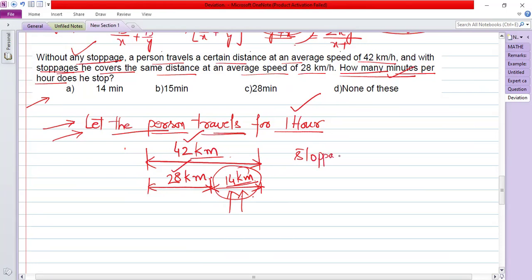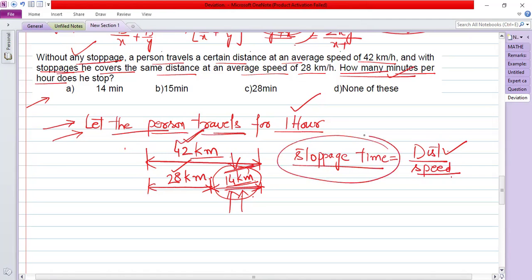So what will be the stoppage time? The stoppage time will be the distance upon the speed. Just like the same formula, if stoppages were not there, then this 14 kilometer he would have covered in 14 divided by the speed 42 kilometer per hour, and that will give us our stoppage time.